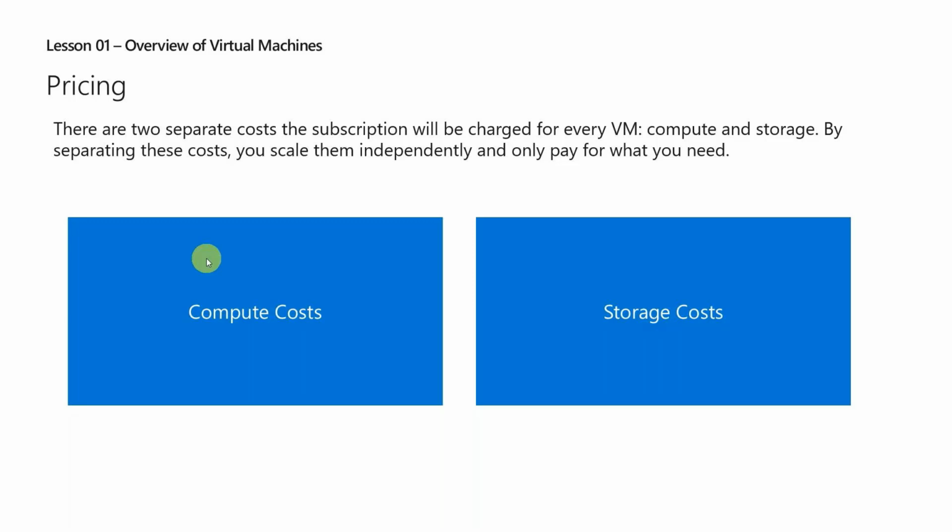It's also called deallocate. When you click on the stop button, I'll show you, what happens is we are instructing Microsoft to release the compute power. Hey Microsoft, I don't want the CPU, I don't want RAM for some time. Then Microsoft will take that back and allocate it for other customers.